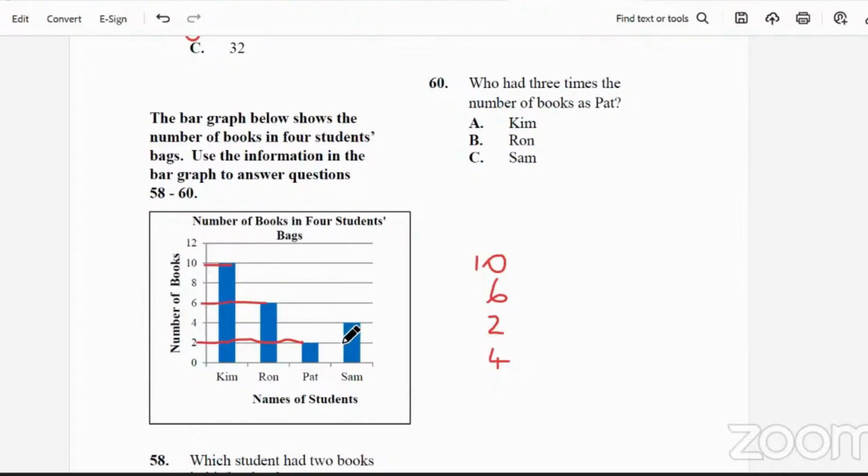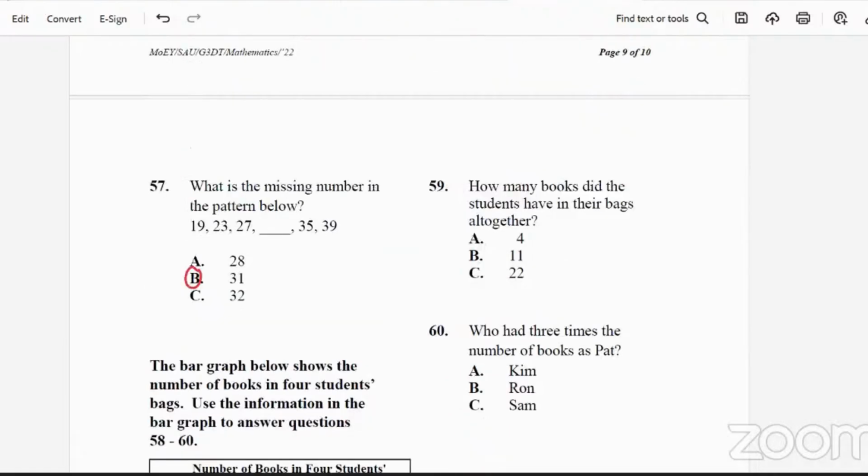And Sam, 4. And of course, we already did Pat. Okay, so I'm going to be adding these numbers together. 6 plus 2 plus 4. That's 12. 1 plus 1, that's 2. So the answer is 22 books altogether. Let's see if we have that as an answer. The answer is C.